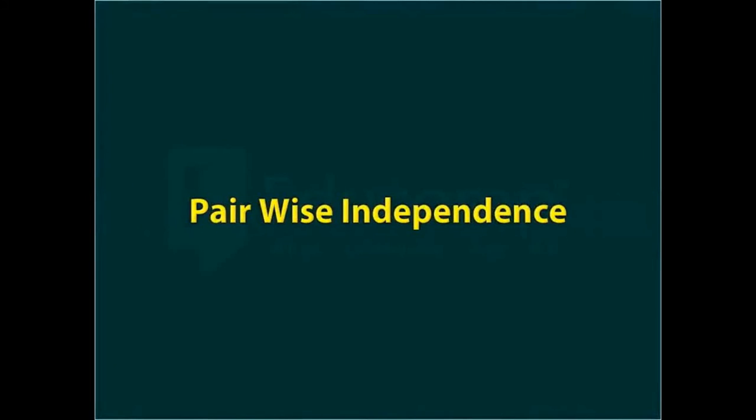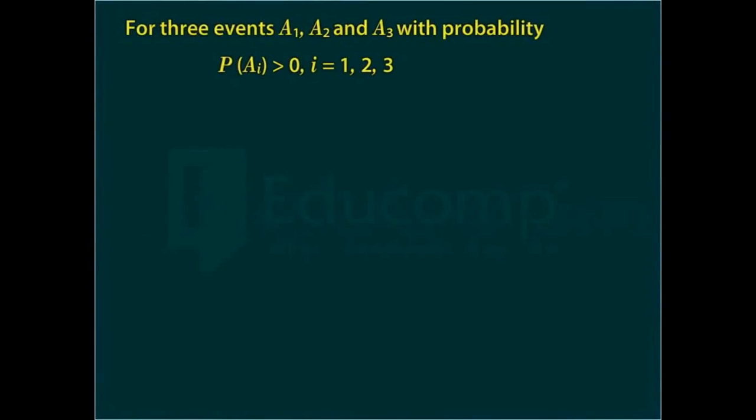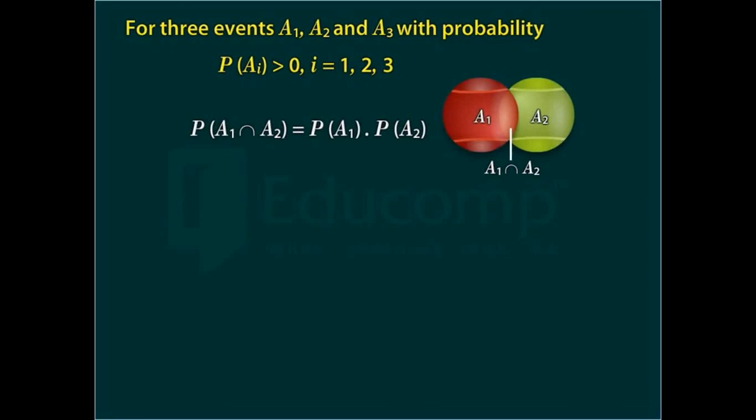Pairwise independence. For three events A1, A2 and A3 with probability P of Ai greater than 0 for i equals 1, 2 and 3: P of A1 intersection A2 equals P of A1 into P of A2.